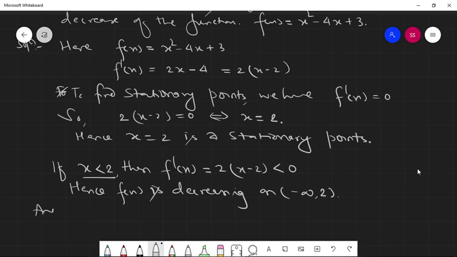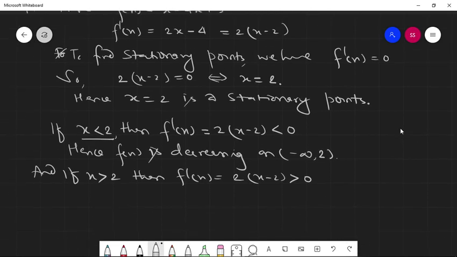And if x is greater than 2, then f dash x equal 2 times x minus 2 is greater than 0. Suppose we have taken the point 3 in this interval, 3 minus 2 will be positive, times 2 will be positive, it will be greater than 0.